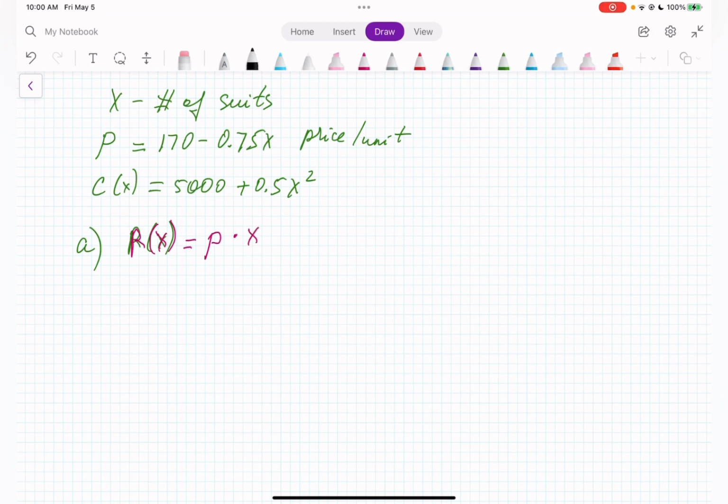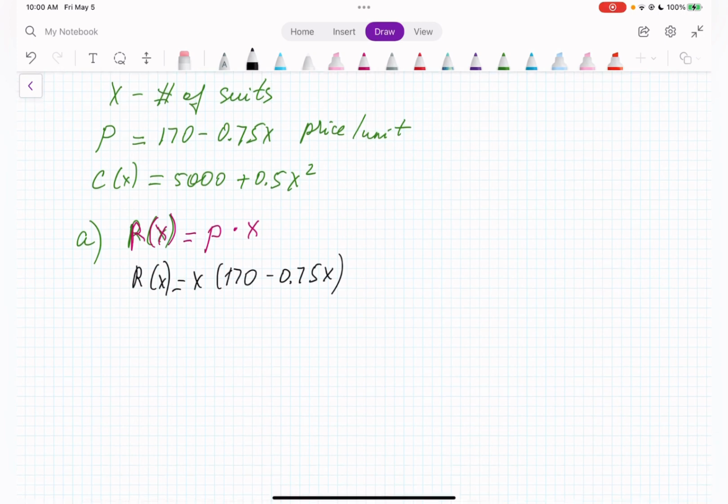And this is going to be equal to x times 170 minus 0.75x. So that's going to be 170x minus 0.75x squared. And this is our revenue.